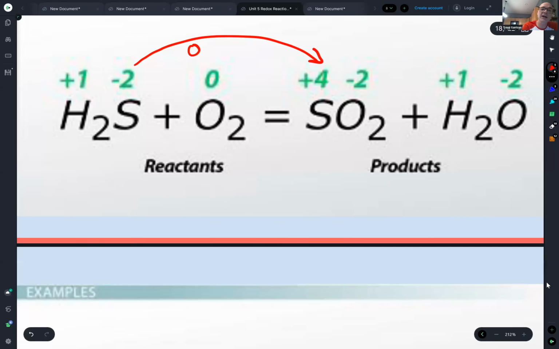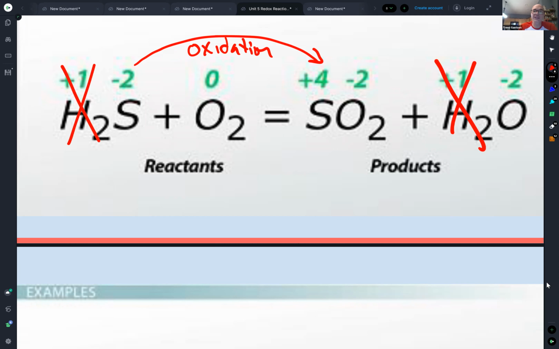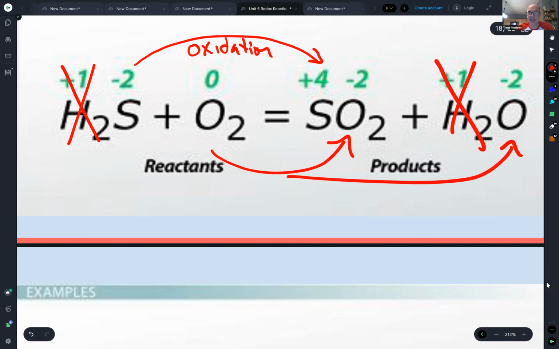If you're becoming more positive, that's oxidation. So the sulfur has gone through oxidation. Notice the hydrogens did not change. But notice that the oxygen on the left is 0, and over here on the right, it became a -2. That's becoming more negative. That means that it gained electrons.